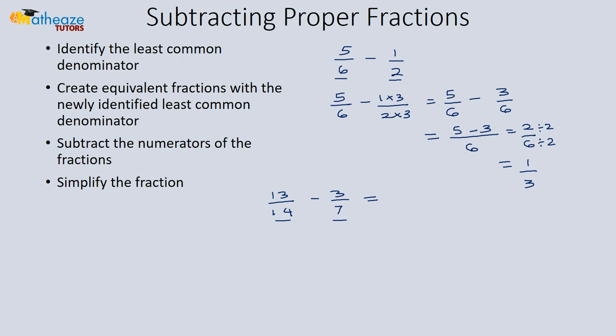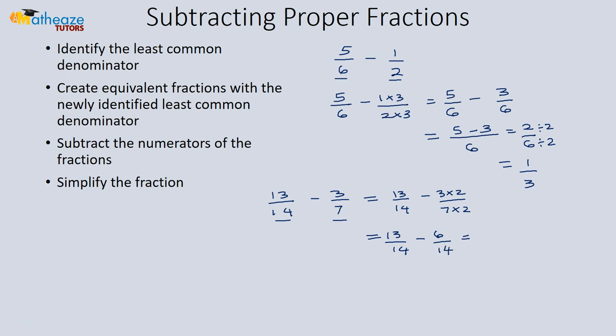What we end up having is 13 over 14 minus 3 times 2 over 7 times 2. So this is going to give us 13 over 14 minus 6 over 14.